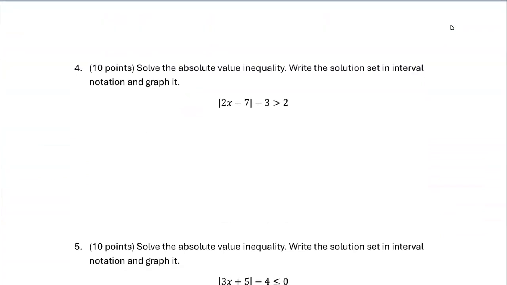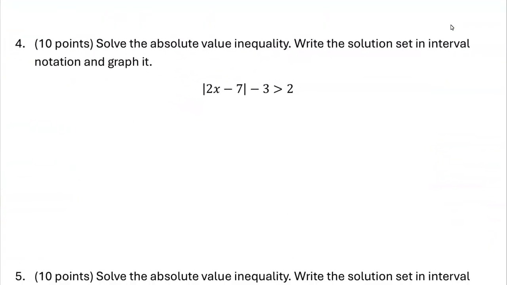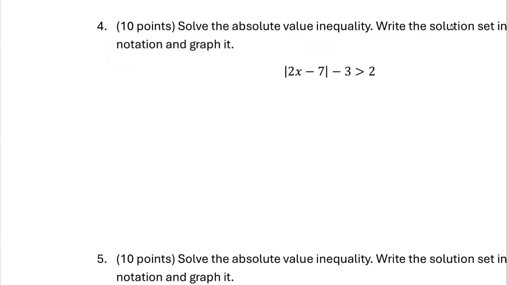All right, moving on to number 4. Solve the absolute value inequality. So the problem that we have is the absolute value, subtracting 3, greater than 2. Before doing anything, what I need is to isolate the absolute value.